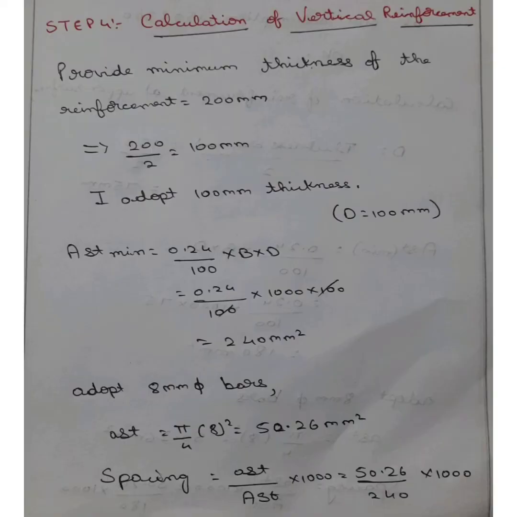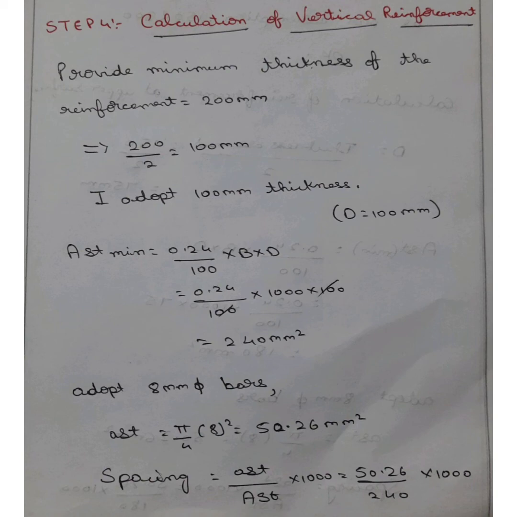Step 4. Calculation of vertical reinforcement. Now, here provide maximum thickness as 200 mm. Thickness lies between 100 to 200 mm, and I adopted thickness capital D equals 100 mm. Now by calculating, AST minimum equals 240 mm square.